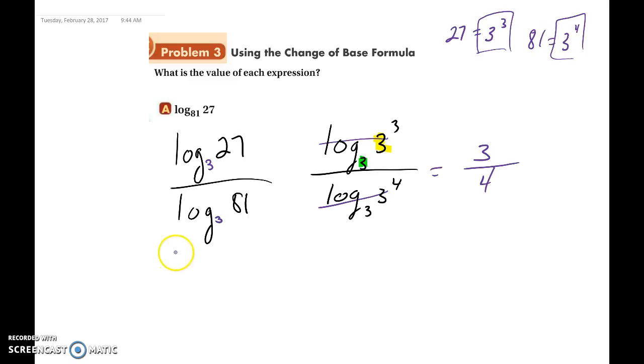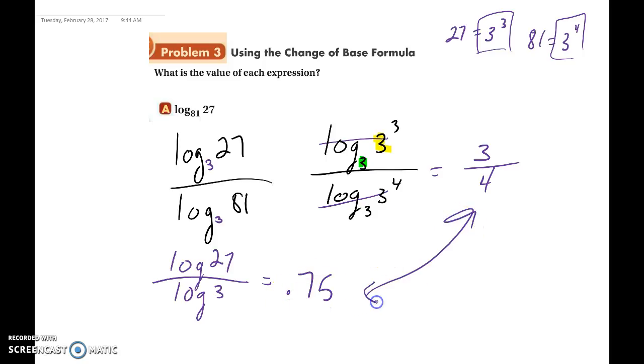So you could just rewrite it as log of 27 divided by log of 3, and if you type that into your calculator, it will use base 10. Remember, when no base is written, it's automatically understood to be 10, and it will give you the answer of 0.75, which is equal to 3/4. Right, so using your calculator, you can just rewrite them as base 10s.